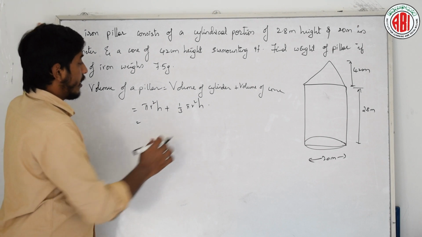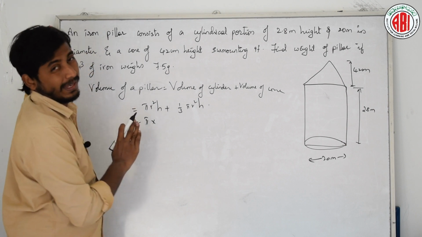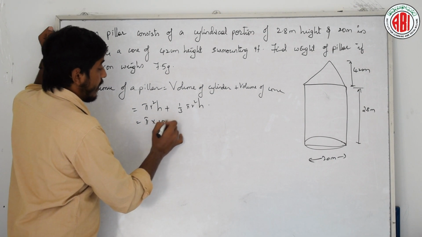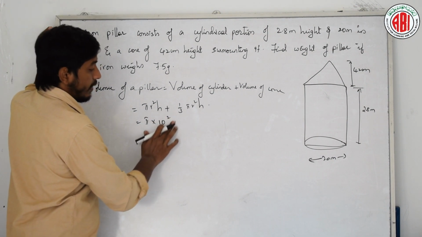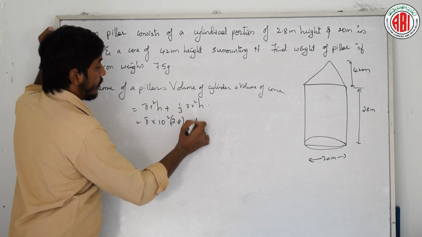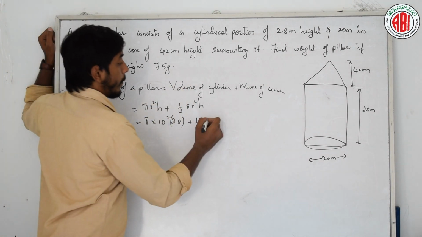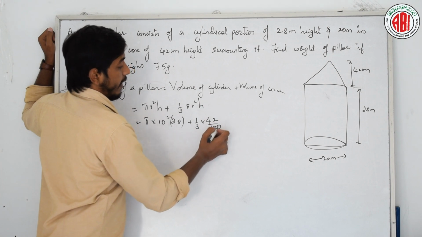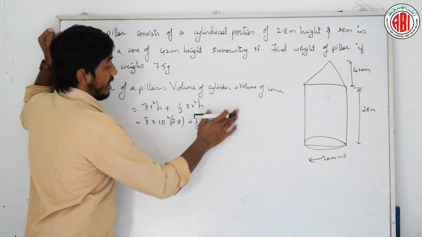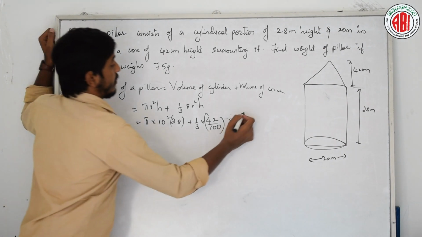Now the r is the same in both cases. Let us simplify and check. Pi into, let us put pi like that only, let us multiply at the last. r is 10 meter. Height is 2.8 plus 1 by 3, and h here is 42 centimeter, that is 42 by 100. r is 10, that is 10 square.